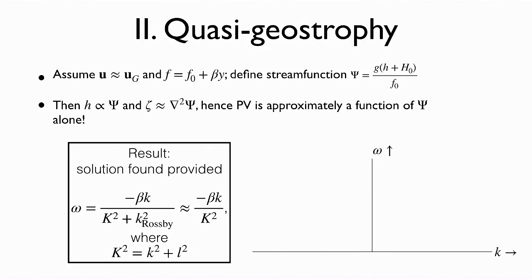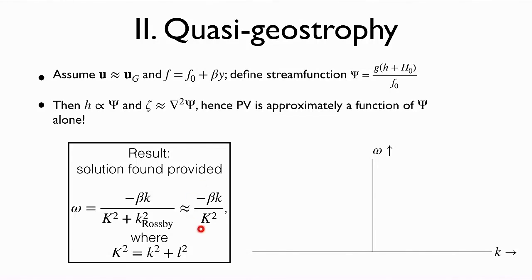We've got this new class of waves because of that. And so k, little k, is now the component of the wave number in the x direction, and little l is the component in the y direction. So k and l are like a vector pair that tells the direction of the phase speed of the wave.